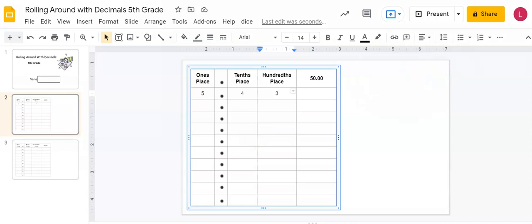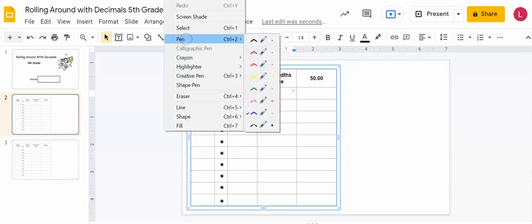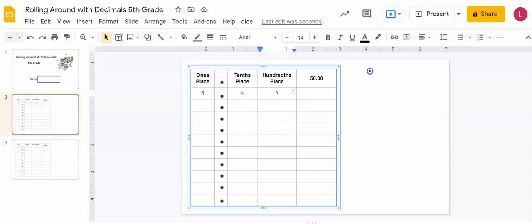Okay, and so I started out with 50, and now I'm going to subtract 5 and 43 hundredths.